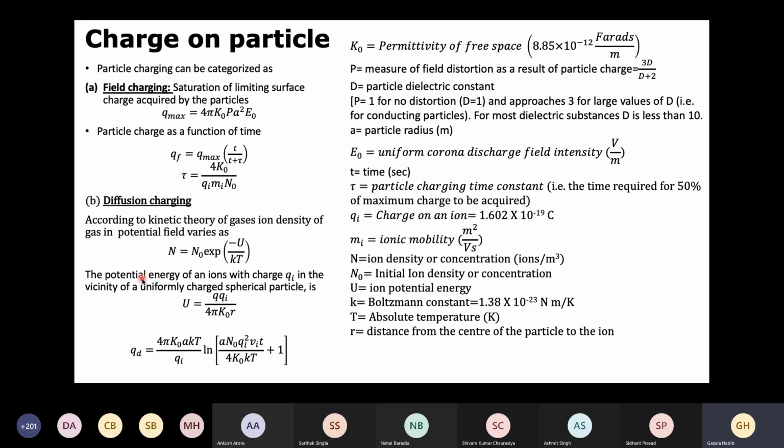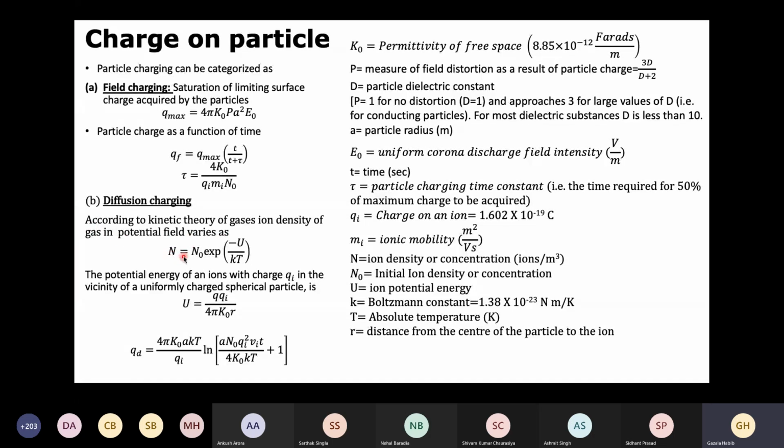Diffusion charging, as we already discussed, is because of the Brownian motion, or you can say random motion of the gas molecules, because of the thermal gradient, and that results in an interaction between the particle and the charge in such a way that it can be categorized under diffusion charging.